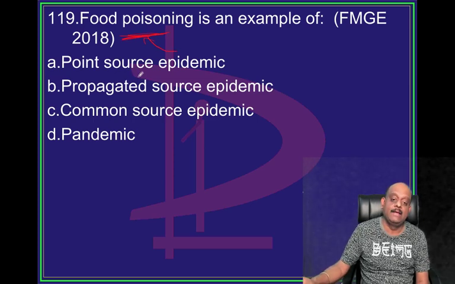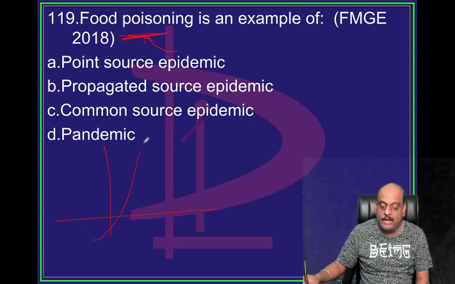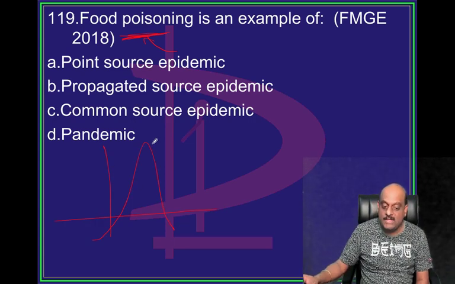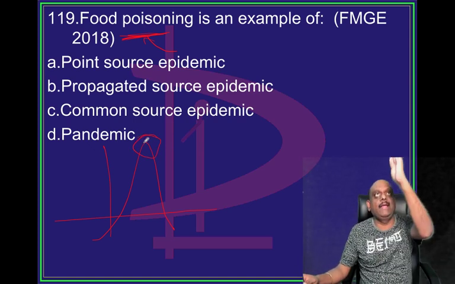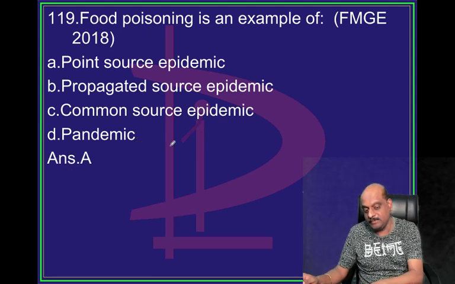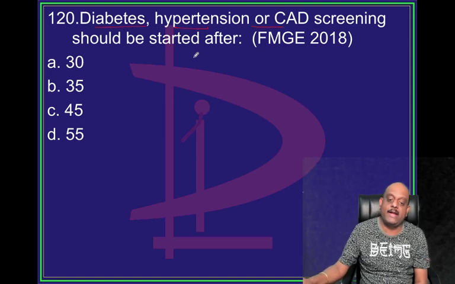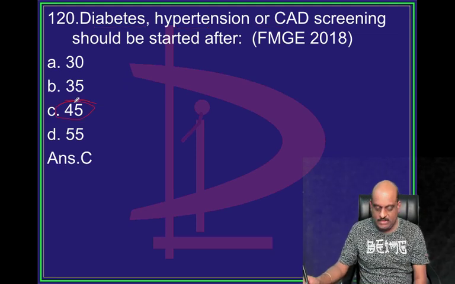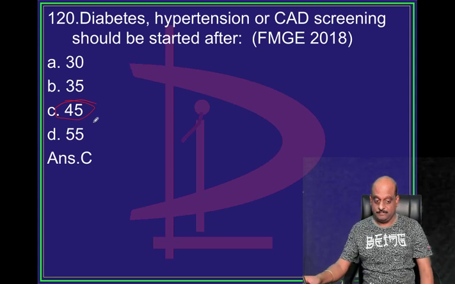Please drop a line. Food poisoning is an example of point source epidemic. That means there is a spike, a sudden increase of cases, called point source epidemic. Diabetes, hypertension, coronary artery disease, when should you start screening, doctor? Once the person crosses 45. Right?